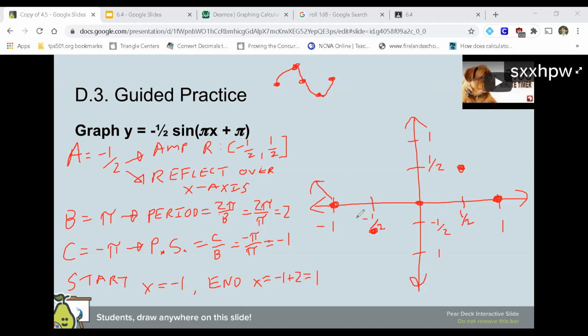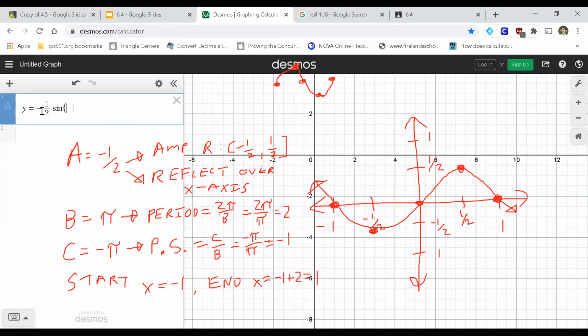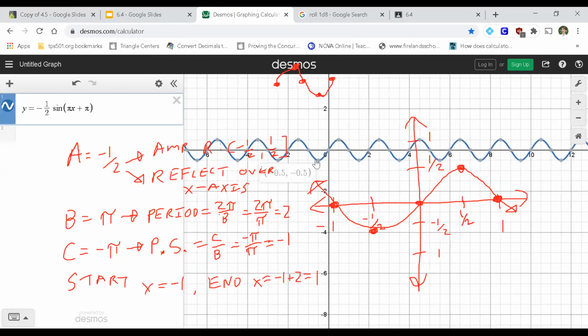The graph looks like this. Double check the answer in our graphing calculator. Negative 1/2 sine pi x plus pi. If you look, start at negative 1, 0, and then we go down to negative a half, back to 0, up to a half, back to 0.